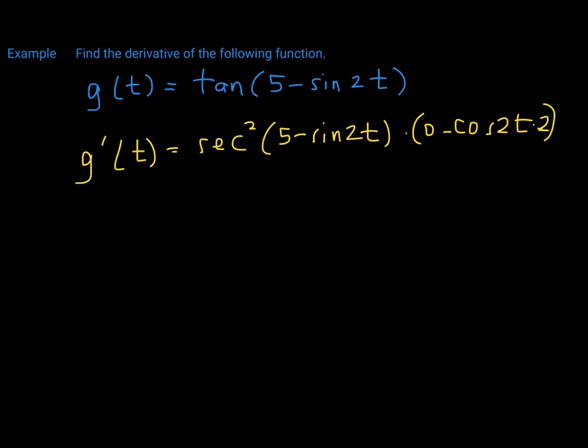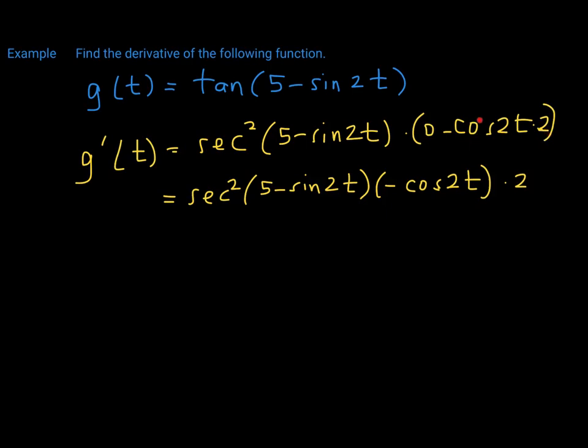So let's see if we can just clean this up a little bit. So secant squared of 5 minus sine of 2t, like that, times negative cosine of 2t times 2. I'm going to close that set of parentheses there because I don't want anybody to multiply 2t and 2 and make 4t. You can't multiply this argument by 2, right?